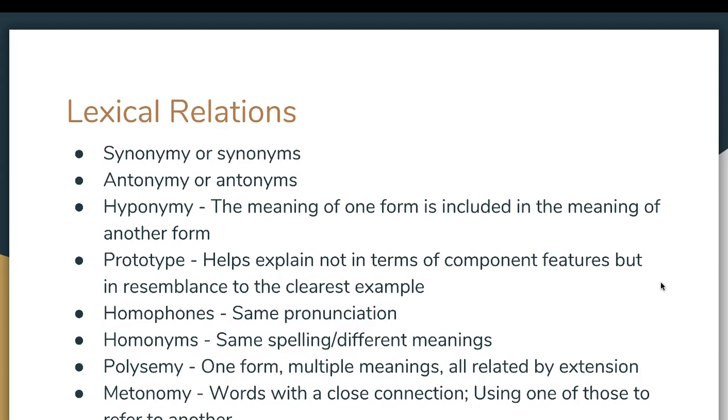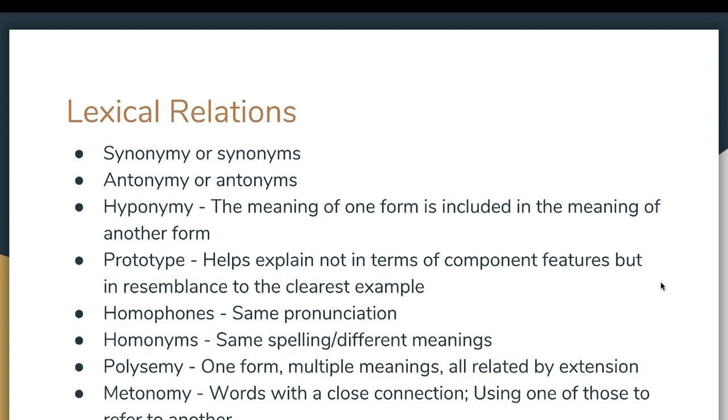Homophones are those words that sound the same, have the same pronunciation. And then homonyms are different than homophones. This is when a word has, so we say same spelling, but it has multiple meanings.